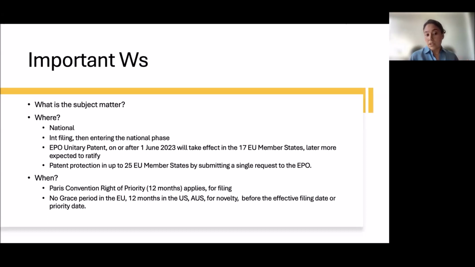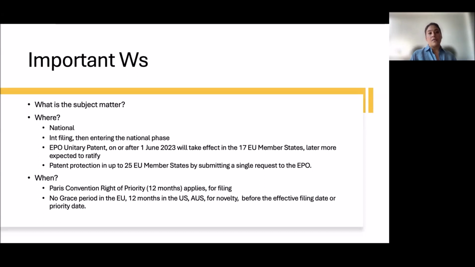So the Paris Convention is one of the international treaties. Actually, it's the most important one, because it sets the criteria and principles. It's the main founding international agreement. So it has a right of priority. If you file a patent application within a signatory of the Paris Convention, you have 12 months to file in another Paris Convention signatory country.